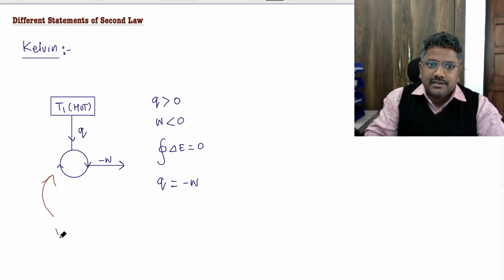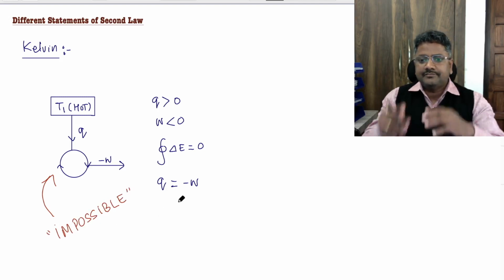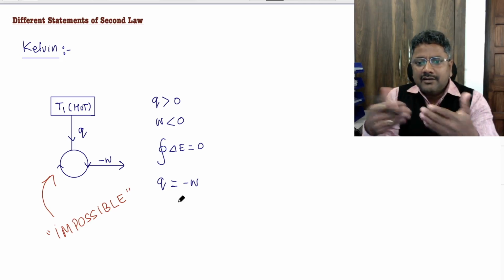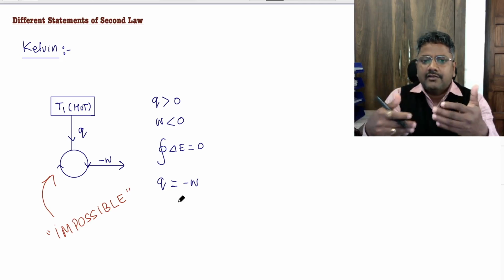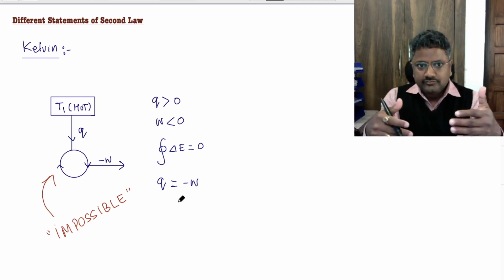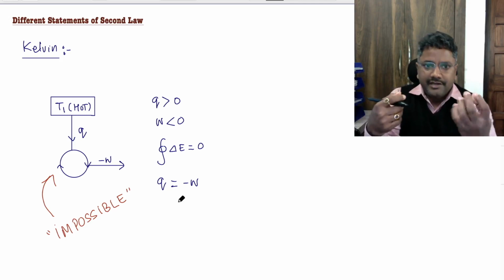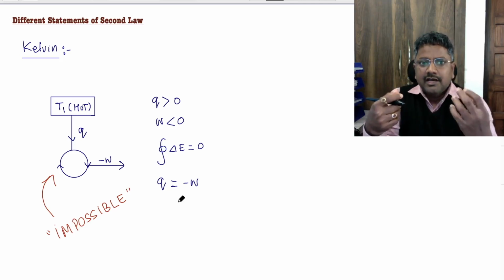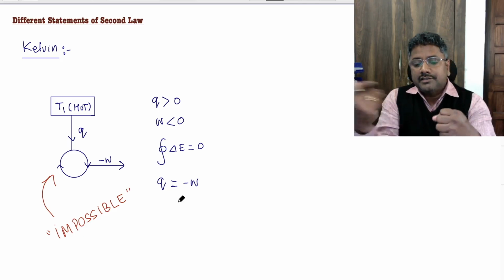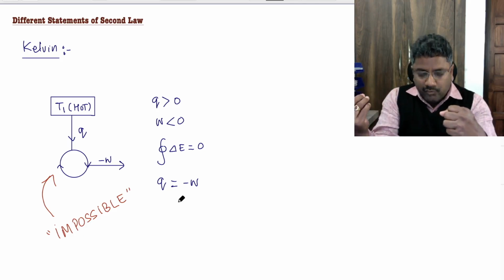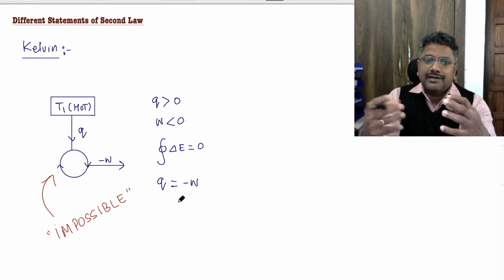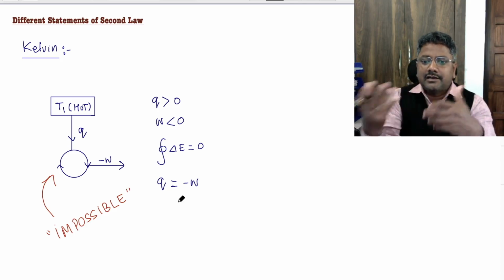It means we cannot make a system in which some heat is taken from a hot reservoir and totally converted into useful work through a cyclic process.